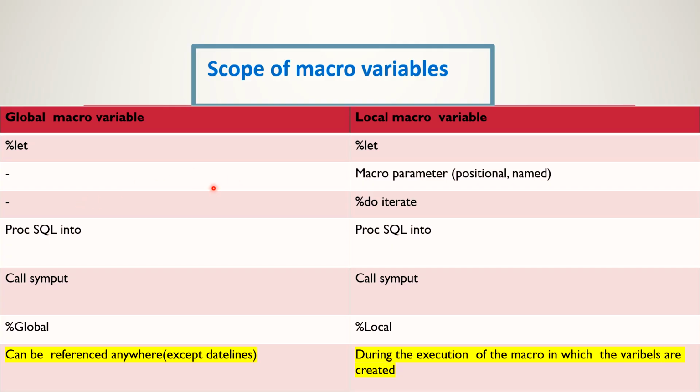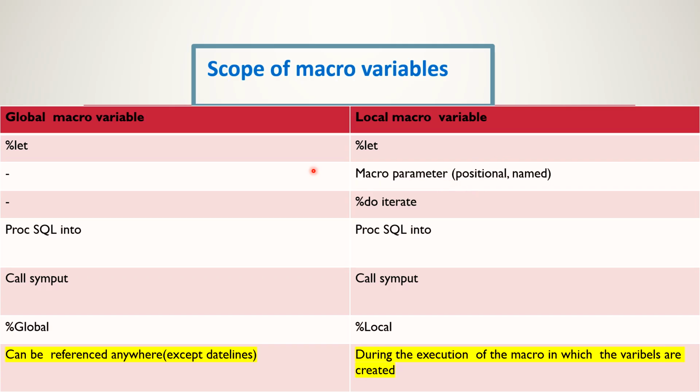Then macro parameters, like positional and named parameters: we cannot create global macro variables with them, only local macro variables, because by using a macro parameter we cannot create variables outside the macro.